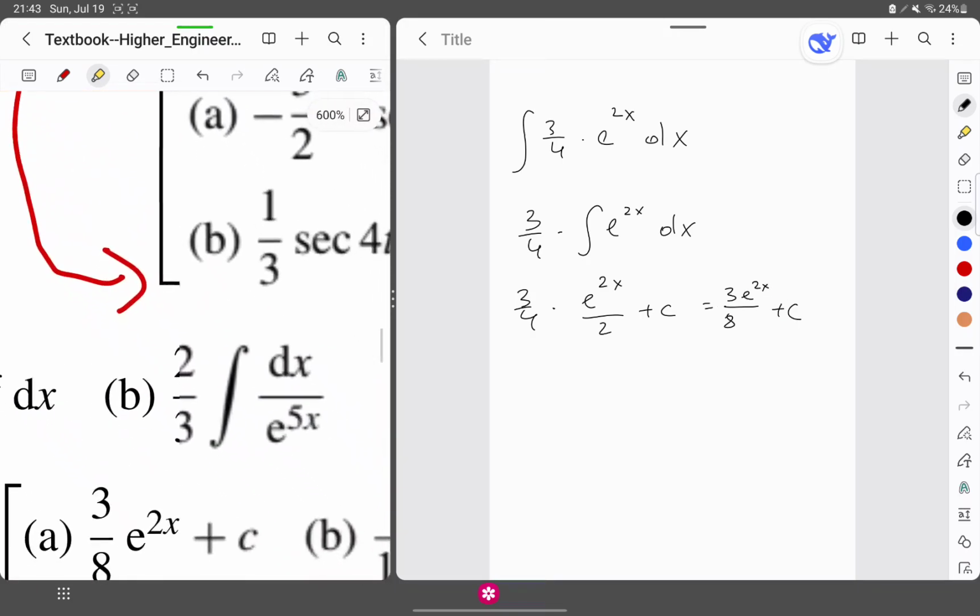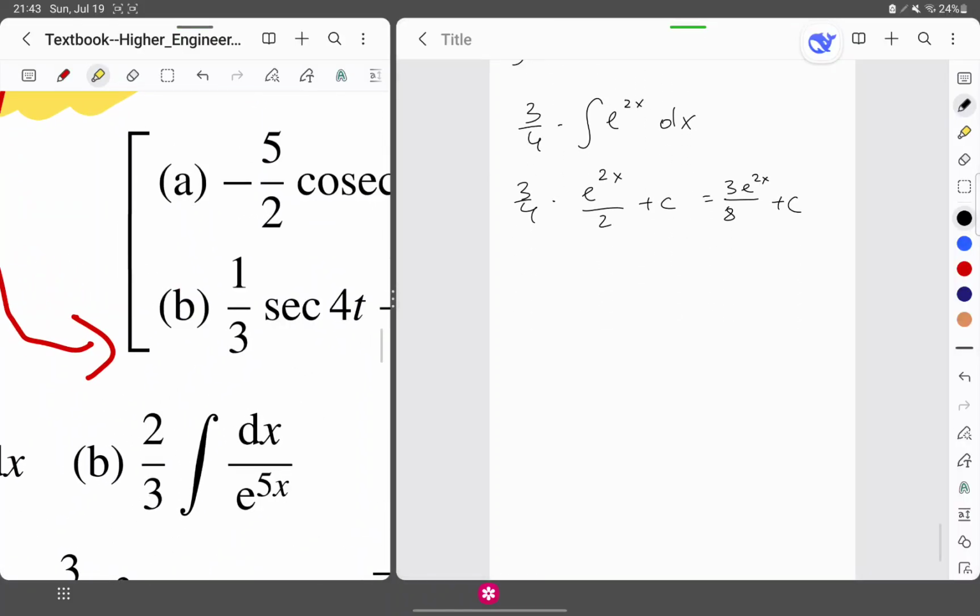Is that true? Let's check later. And what about this one? 2/3 times integral of dx over e to the power of 5x. It will be like what?